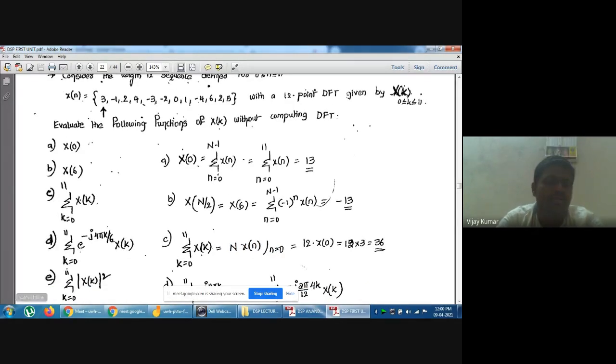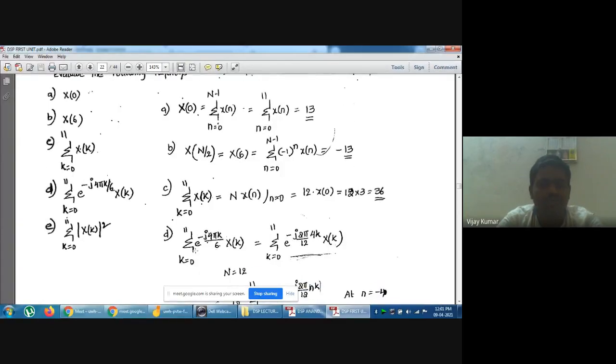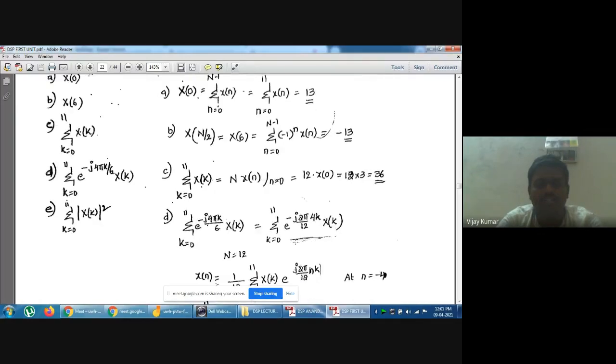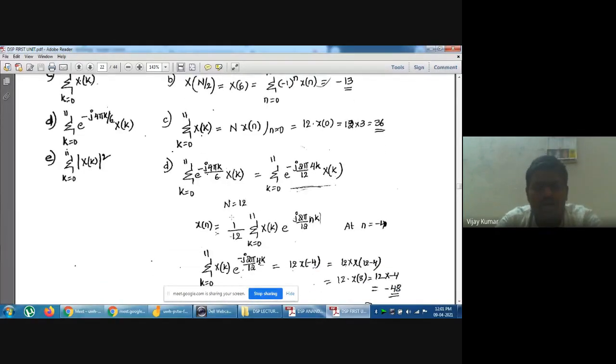Next value, summation k equal to 0 to 11 e power minus j 4 pi k by 6 into x of k. For this we do some mathematical work. We multiply with 2 in the numerator and denominator. Now the function becomes e power minus j 2 pi by 12 into 4k into x of k. So we know the IDFT formula.